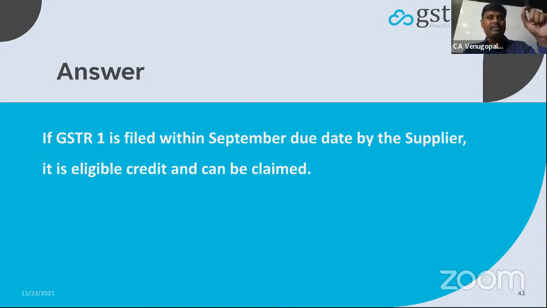Again, your 8D will be showing negative, saying that you have excess availed. Nothing to worry. Even though you have availed a credit which is not there in 8A, you can always justify saying that supplier has filed the return belatedly. You are still eligible for this credit and you can avail this input tax credit.